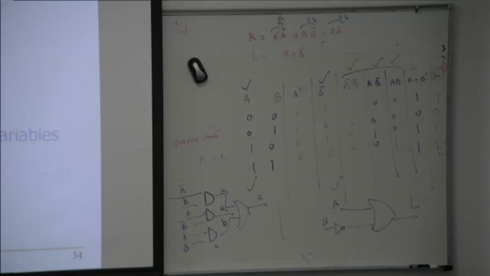Got it? Now there is a difference between an implicant and a min term, and some people are very confused by this. A min term is a product that includes all input variables.